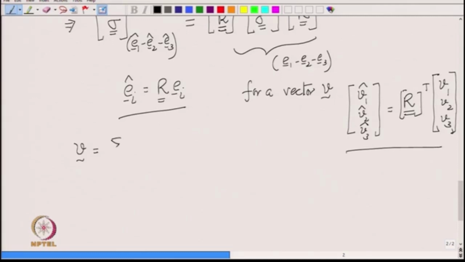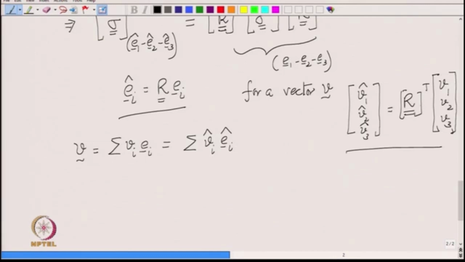That means, in one case you have V I E I, whereas in the other case you have V I hat into E I hat. Okay. So, therefore, the basis E I hats transform with rotation R, whereas the components V I hats, they transform with R transpose. So, that R transpose into R, because you have product here, it gets cancelled and becomes identity.